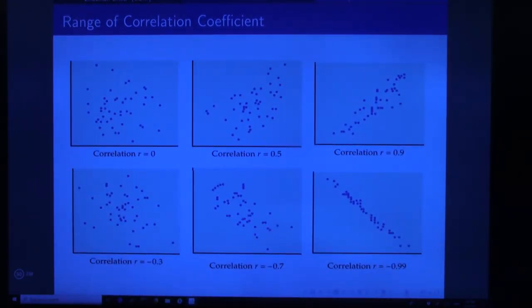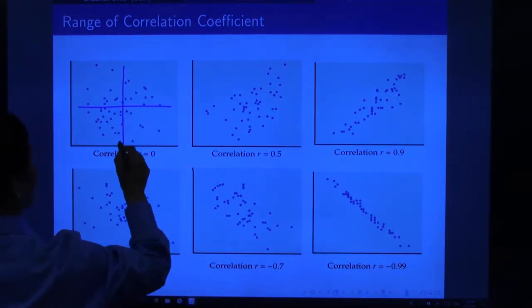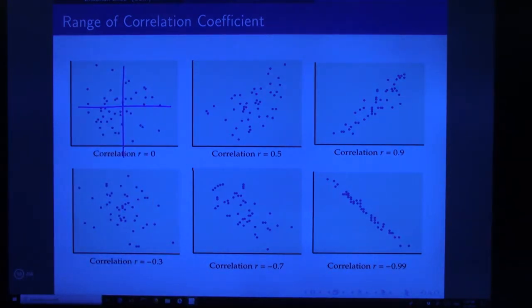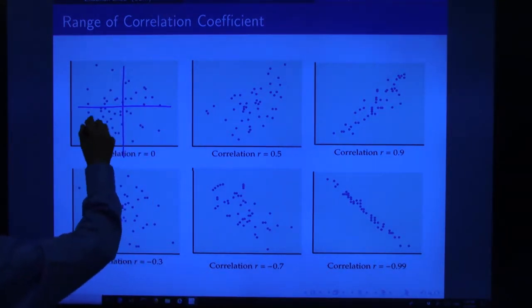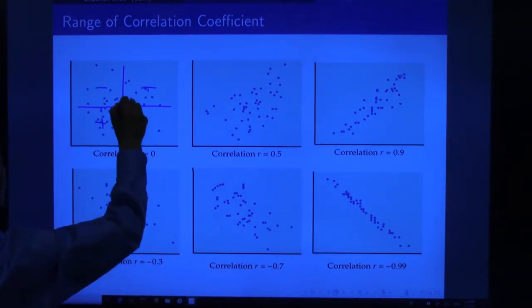As we said, the range of the correlation coefficient is that the maximum can be 1 or -1, with different signs, and the minimum can be equal to 0. In this example, the scatter plot shows, if we draw this part as the mean of x and this one here as the mean of y, that this product is negative, this product is positive, this one positive, this negative, negative here.